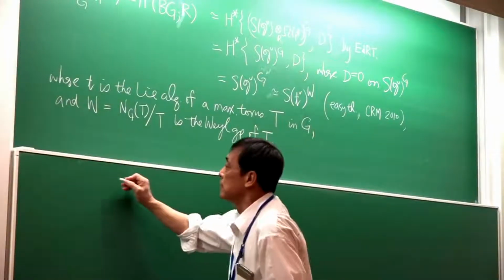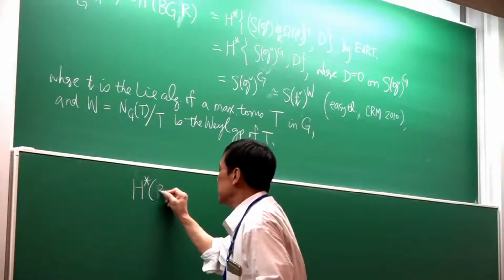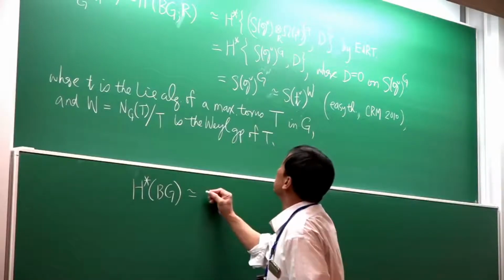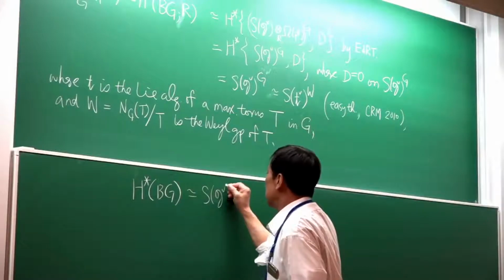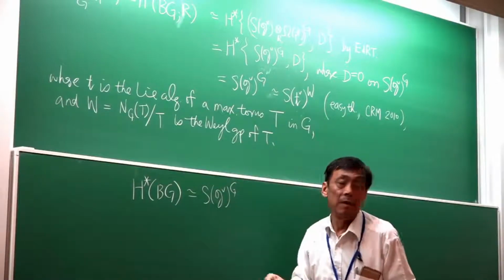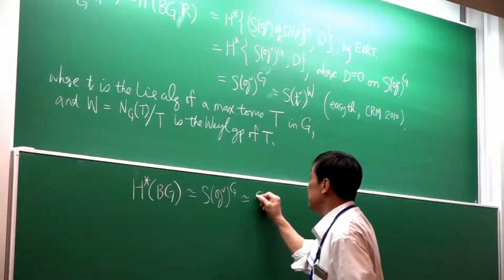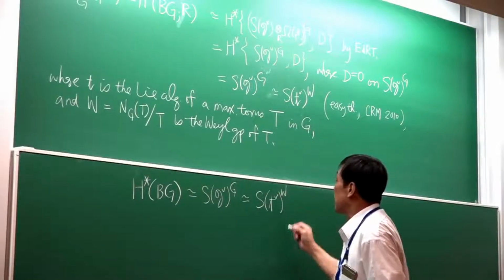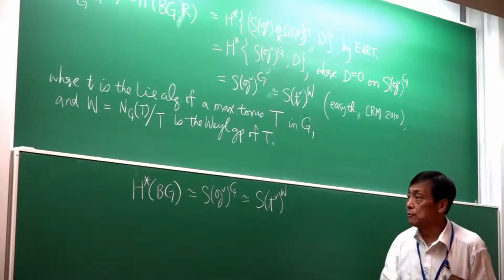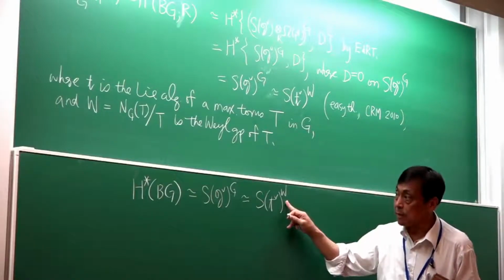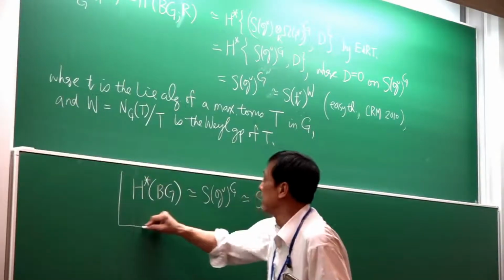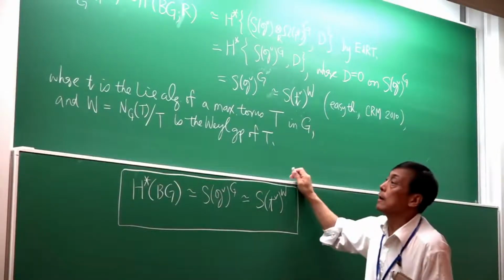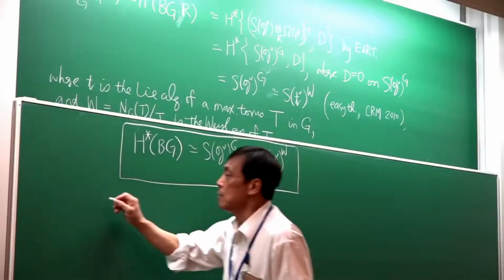So we have this theorem that the cohomology of the classifying space is the invariant polynomials on the Lie algebra, and it's also the polynomials on the Lie algebra of the maximal torus invariant under the Weyl group. Okay? So we can work out a couple examples.